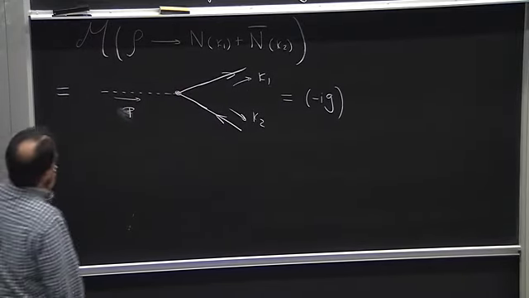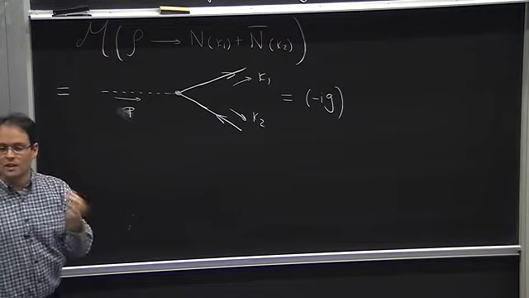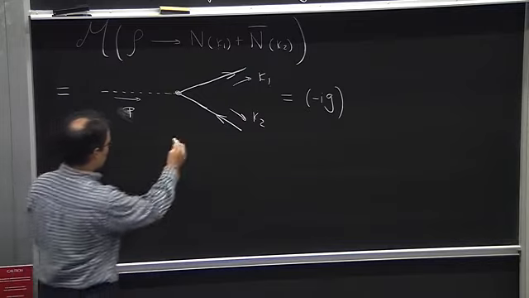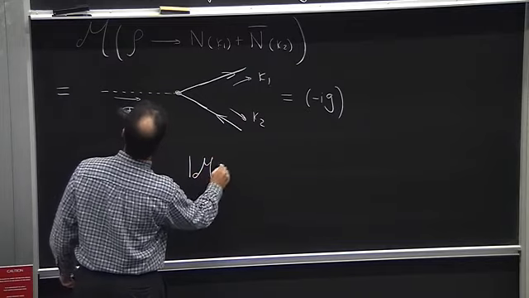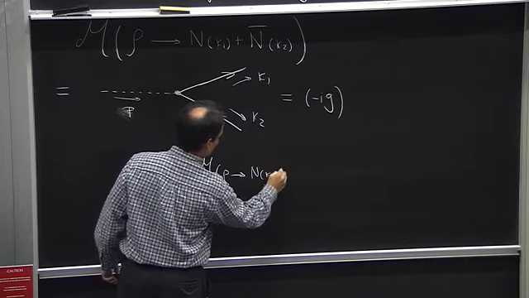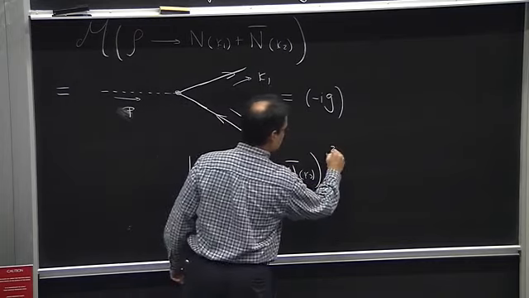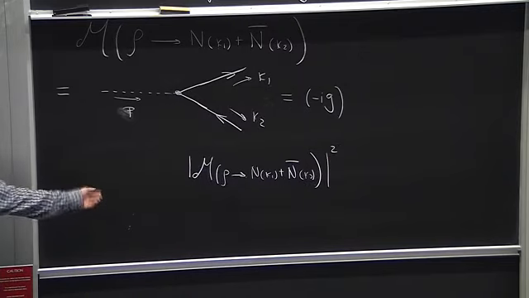What does this mean? Well, we could actually put this in a formula that looks like a differential cross-section. Remember, we had this object squared, but what could it mean?